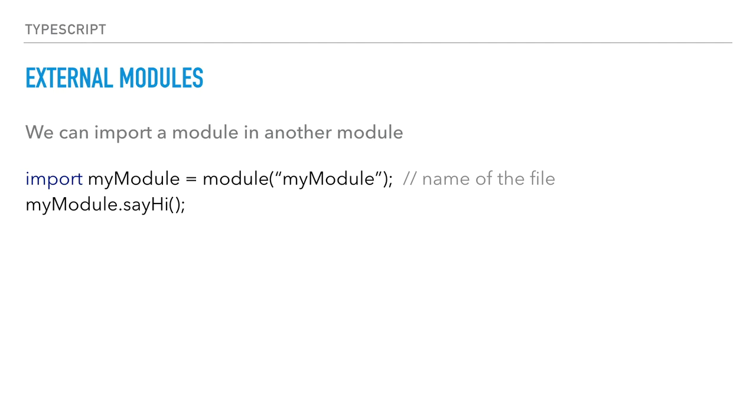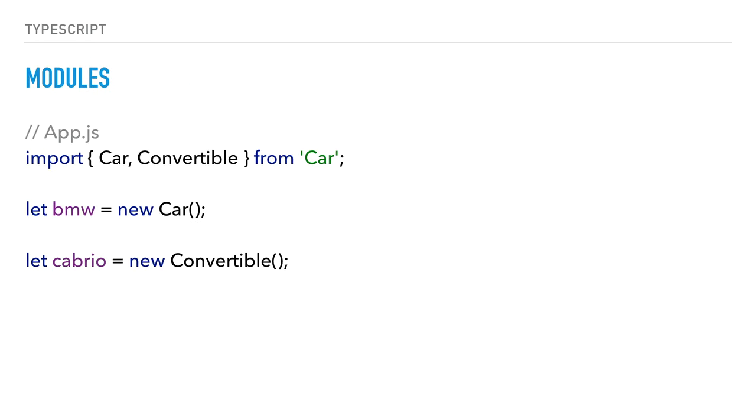That doesn't mean that we can't rename the left my module to a different name, and this way it doesn't collide with the other variable that we call my module. Okay, and after that we can call any function or variable that is exported from the module.